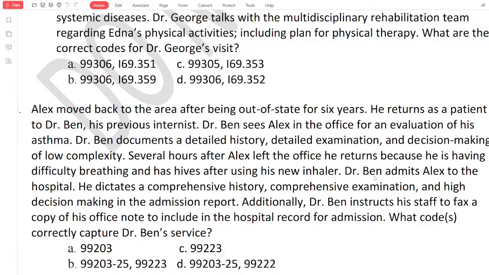Several hours after Alex left the office, he returns because he is having difficulty breathing and has hives after using his new inhaler. Dr. Ben admits Alex to the hospital. He dictates a comprehensive history, comprehensive examination, and high decision making in the admission report. Additionally, Dr. Ben instructed his staff to fax a copy of his office note to include in the hospital record for admission. What could correctly capture Dr. Ben's service?